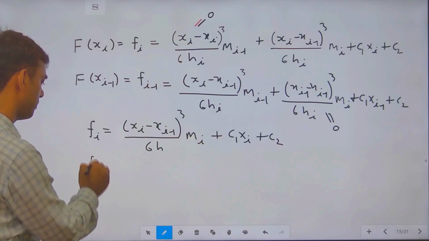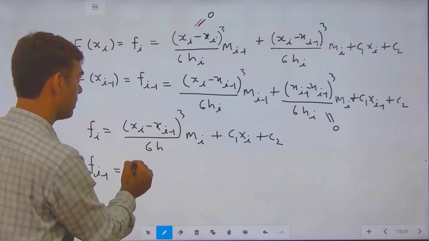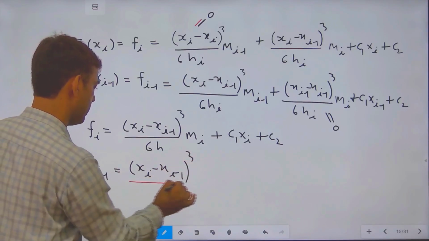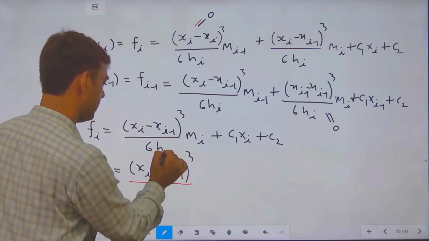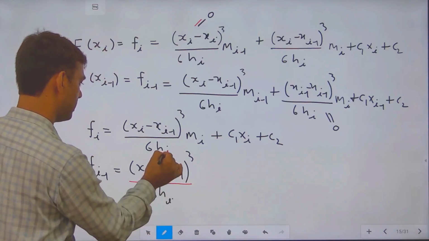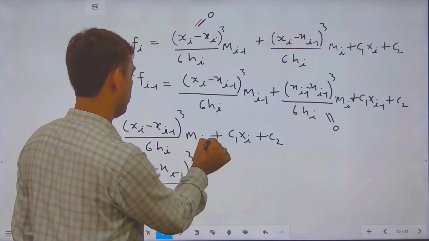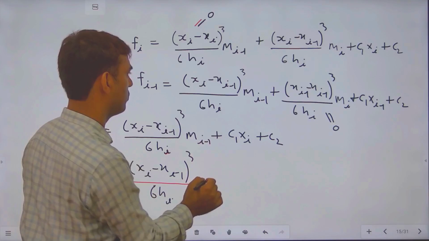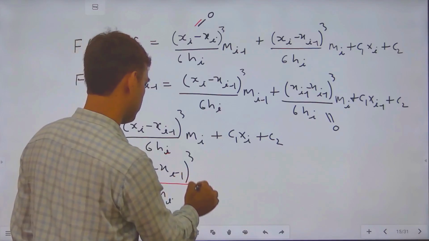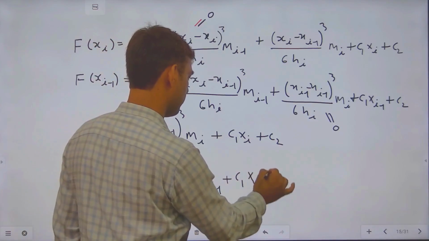And the second equation becomes F_{i-1} equals, second term becomes 0, first term is (x_i minus x_{i-1}) whole cube divided by 6h_i, and this is M_{i-1}, sorry, not M_{i-1}, this one is M_i, and this one is M_{i-1}, plus c1 x_{i-1} plus c2.